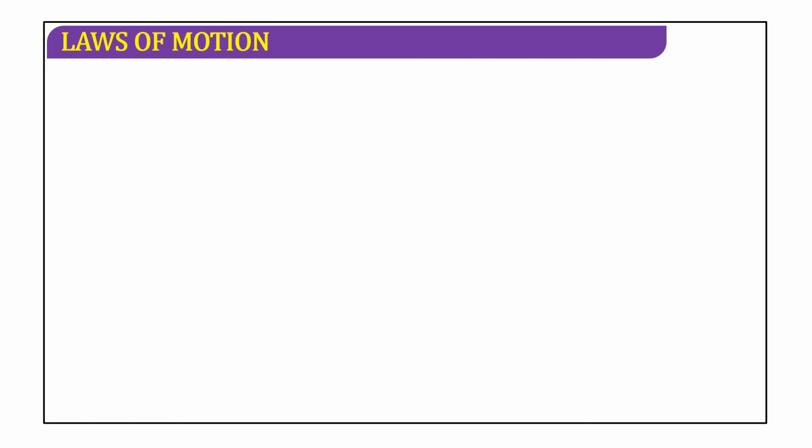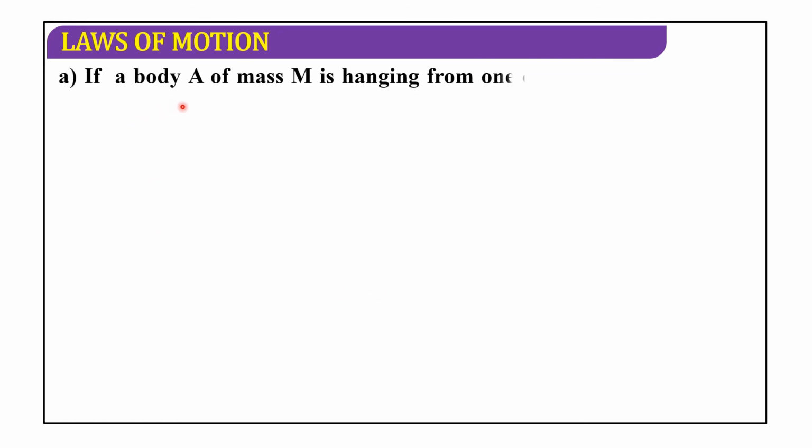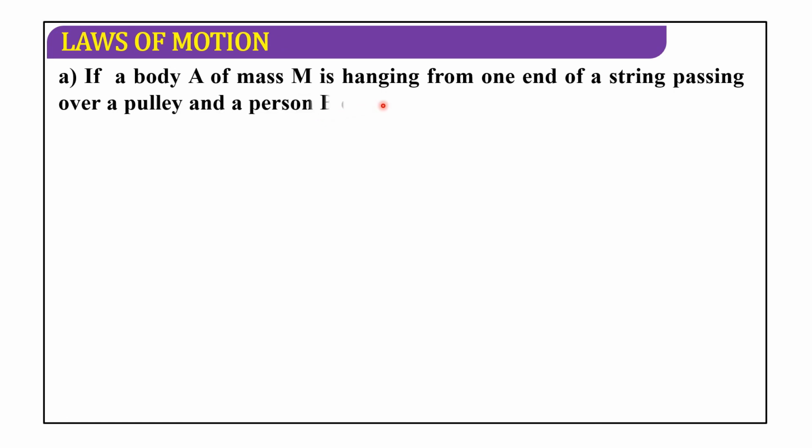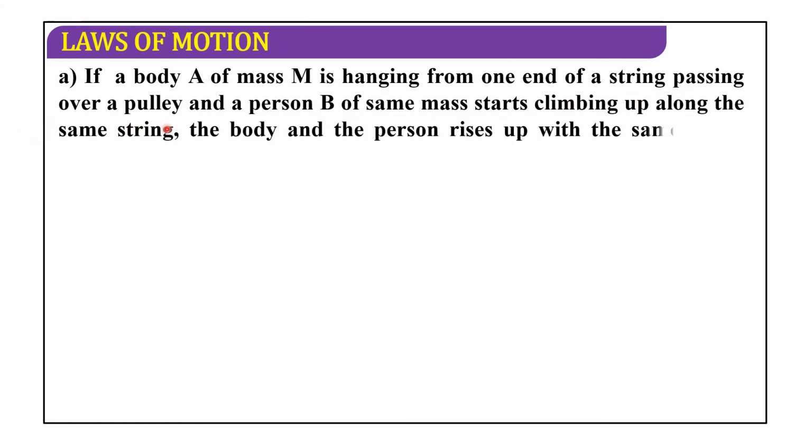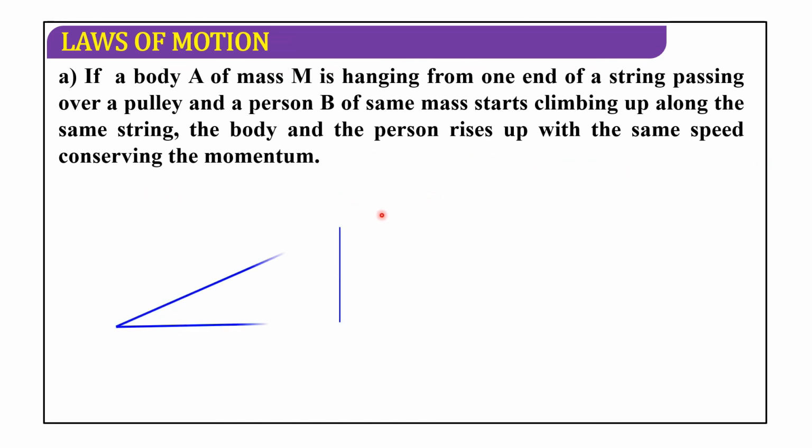Now the first one: if a body A of mass m is hanging from one end of a string passing over a pulley, and a person B of the same mass starts climbing up along the same string, the body and the person rise up with the same speed, conserving the momentum. See the picture.